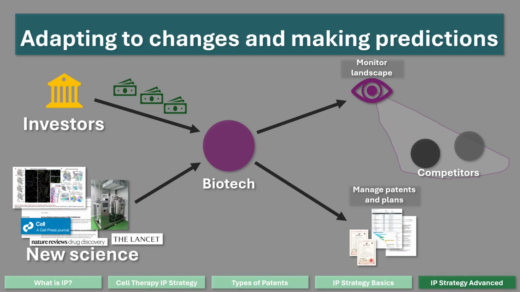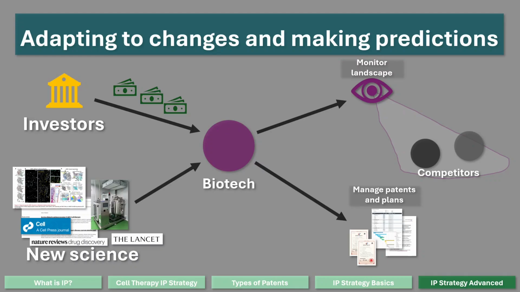The IP strategists must remember that they are a small piece in the larger whole of a biotechnology company. The core fuel of a biotechnology company is investor funding, and investor confidence must be maintained with sufficient legal shields and clear strategic direction.